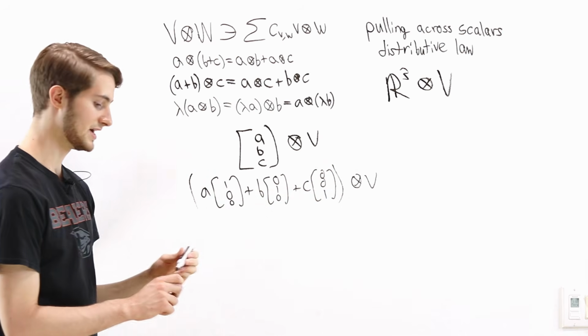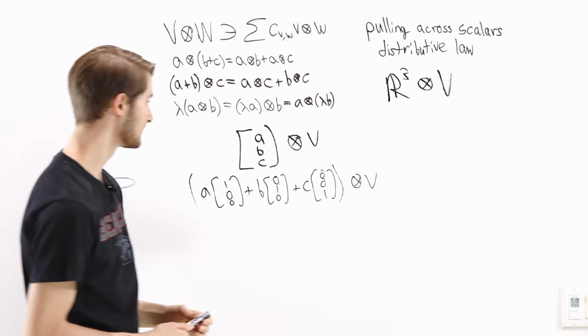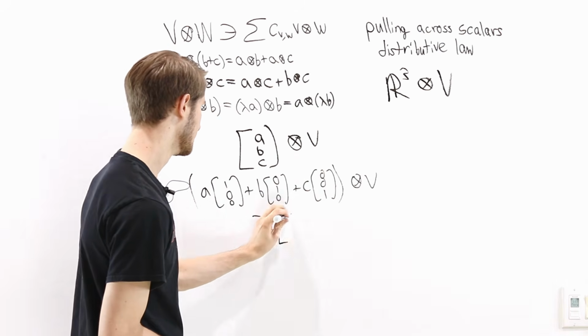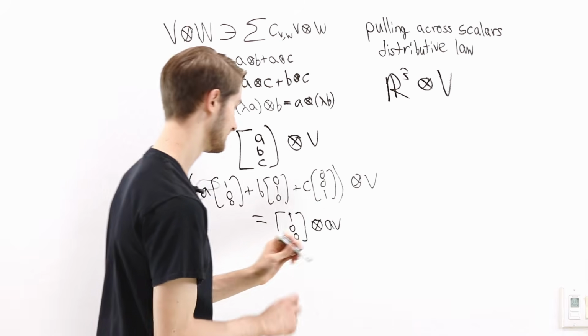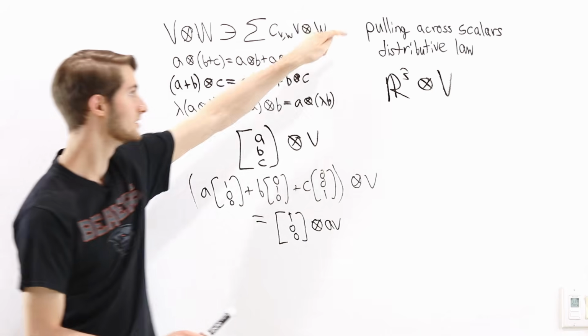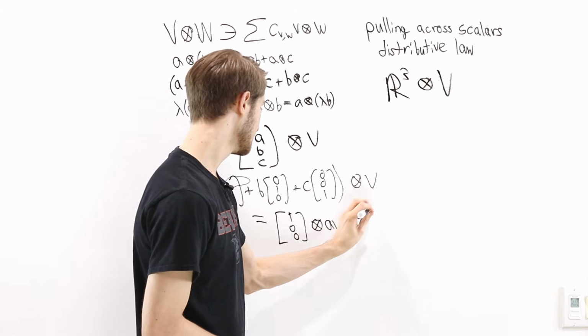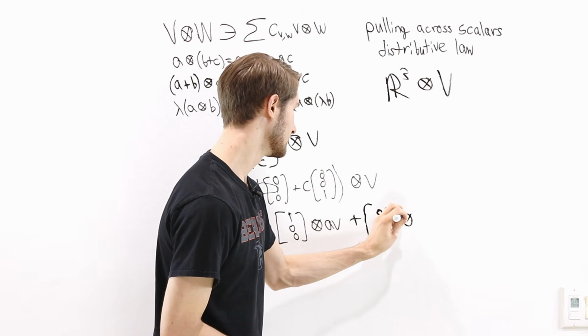So now we can expand this out using the distributive law, the second one here. If we do that, we're going to get, for this first part, (1, 0, 0) tensor av. Remember, we can pull the scalar across to the right side. Plus, for this second part, we'll have (0, 1, 0) tensor bv.